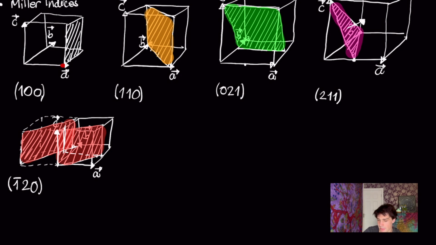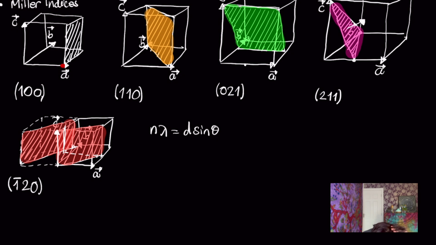Again, these are a bit messy to understand. That's my method of going from a plane to notating it using these indices. And the whole point of doing this is that with our formula that we had earlier, n lambda equals d sine theta, this d term right here, I said was the distance between planes.